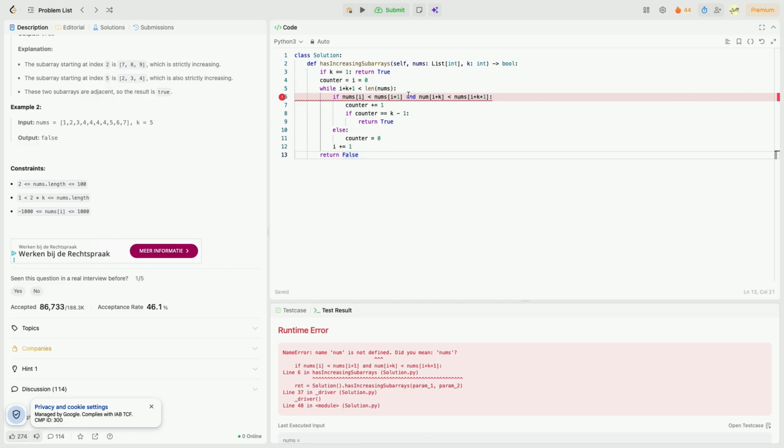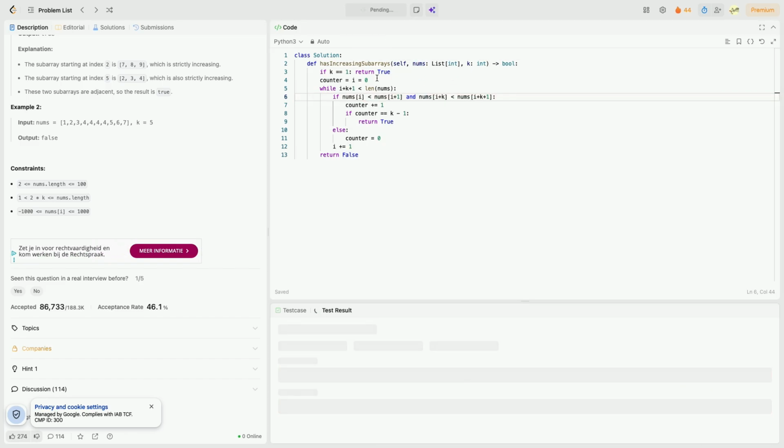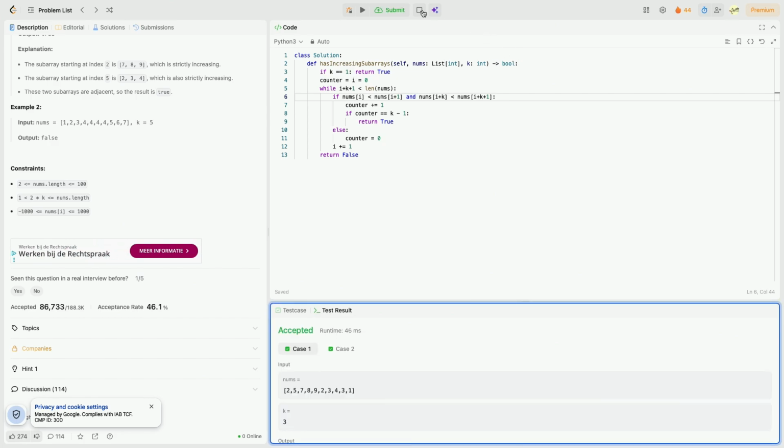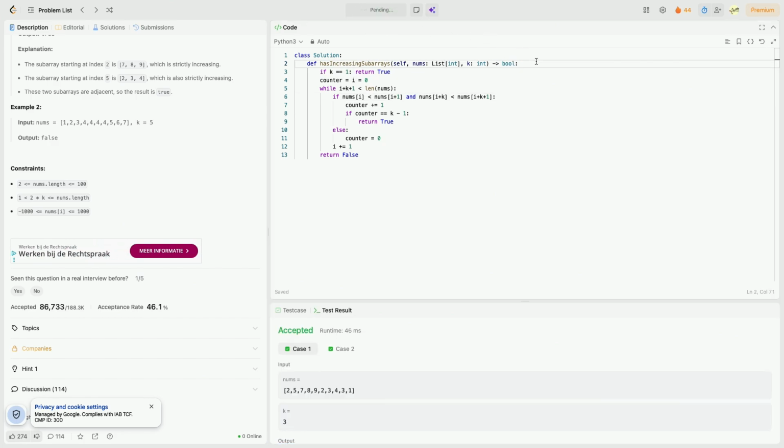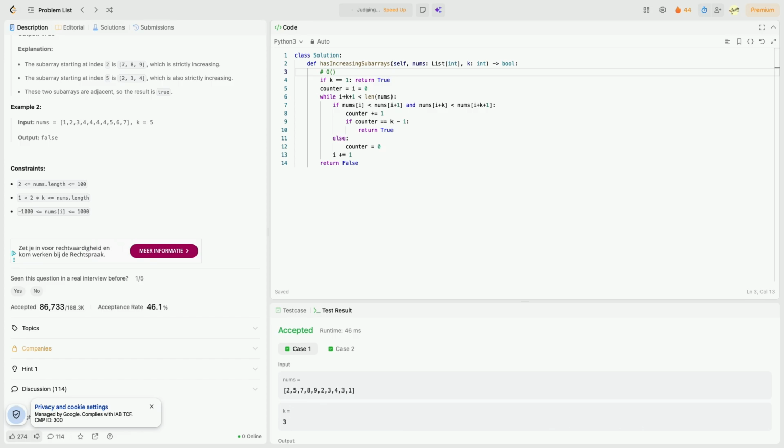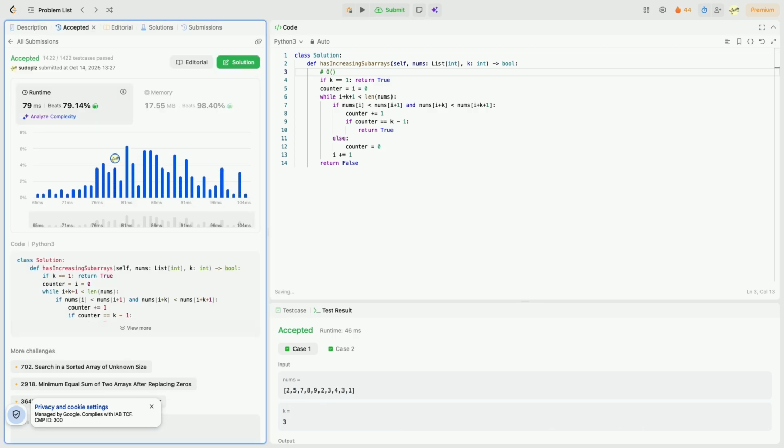So that works, and this works. Meanwhile, we should have a look at the runtime and space complexity. In terms of runtime, that entirely depends on the length of nums, so O of n time. And how much space?